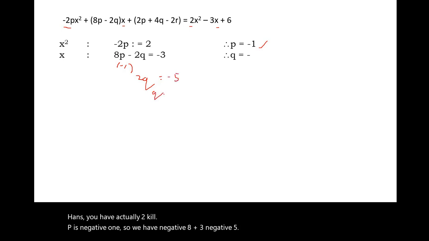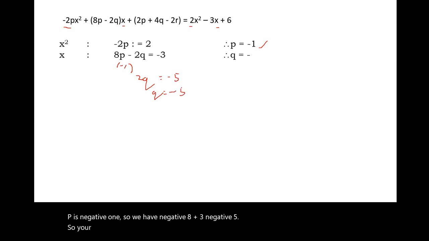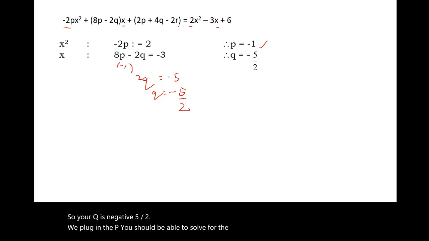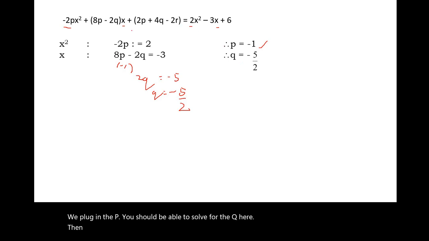So your q is negative 5 over 2. Then plug in the p, you should be able to solve for the q here. Then to find the r, you compare the constant term. 2p plus 4q minus 2r equal to 6.